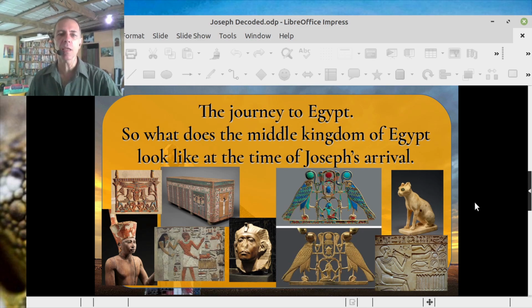And so the journey to Egypt, what does the Middle Kingdom of Egypt look like at the time of Joseph's arrival? We have a bunch of little pieces here: carvings, artifacts, jewelry, etc. Pictures up on the slide give us some input into what was happening in Egypt.